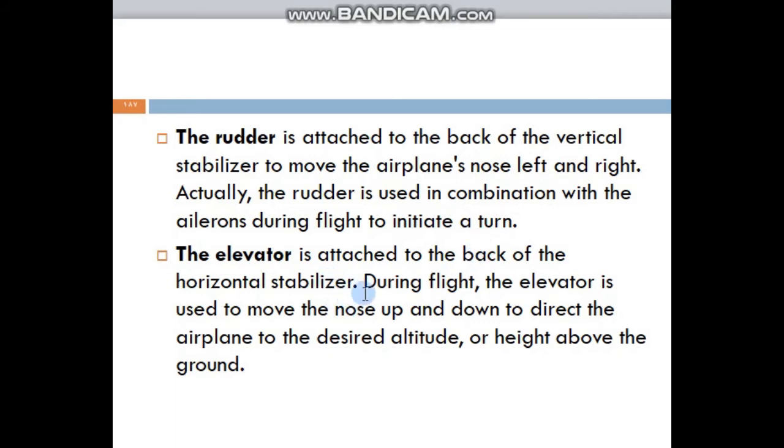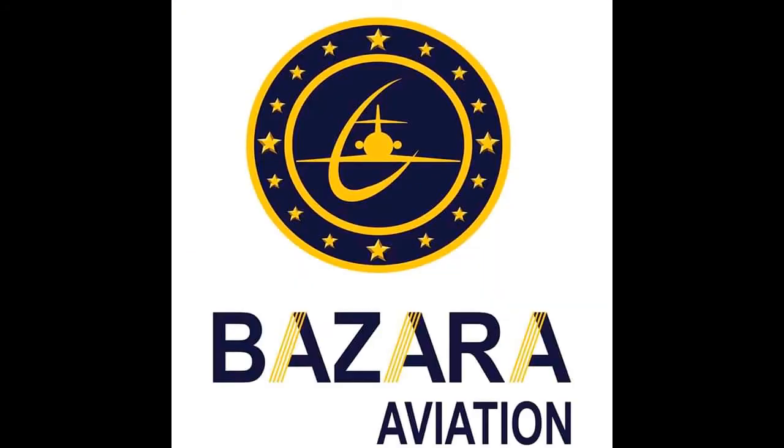The elevator during flight is used to move the nose up and down to direct the airplane to the desired altitude or height above the ground.